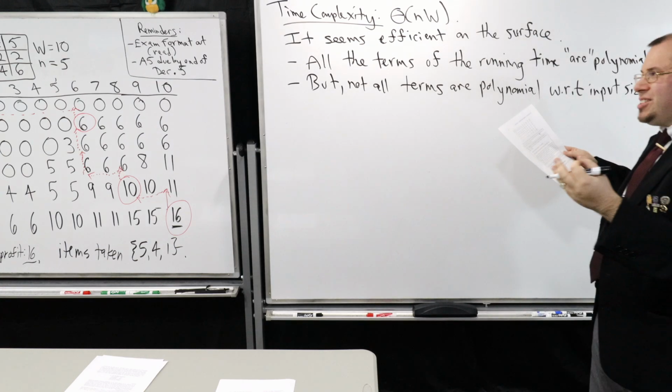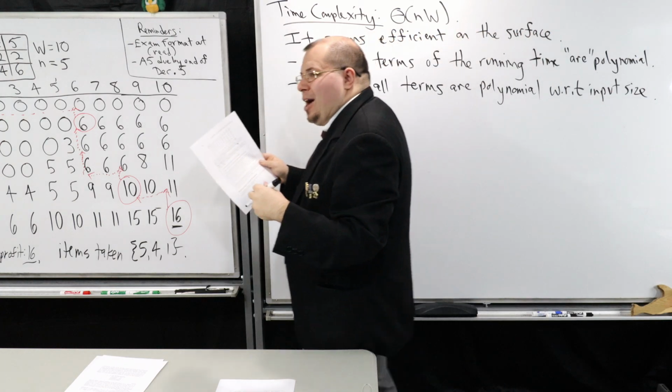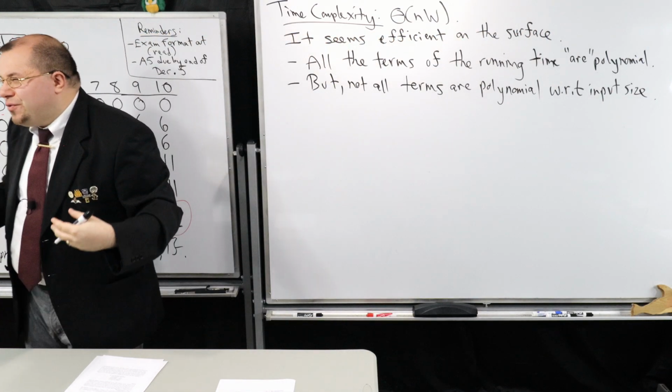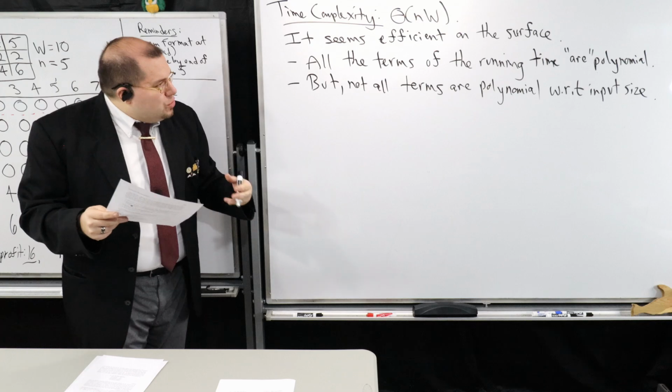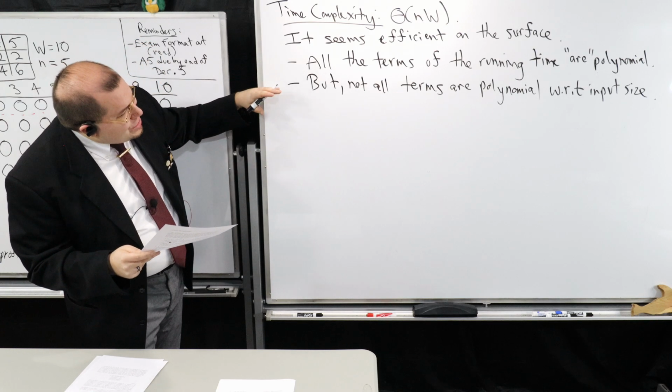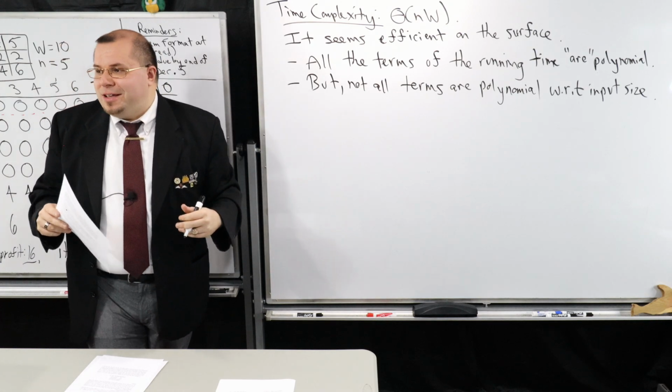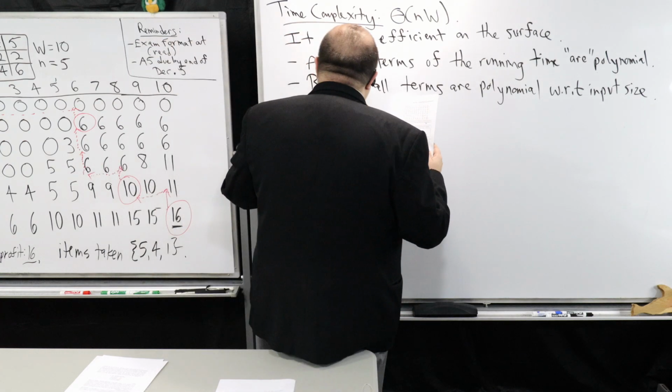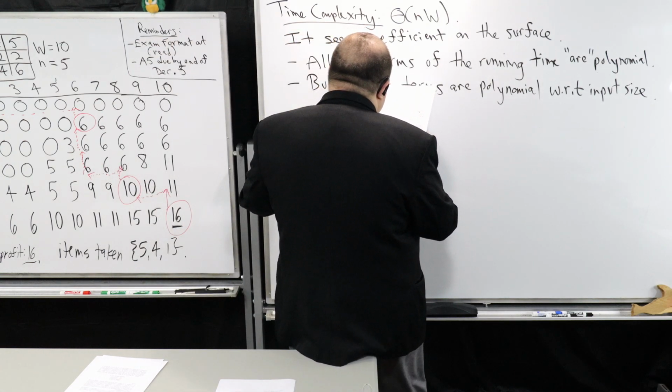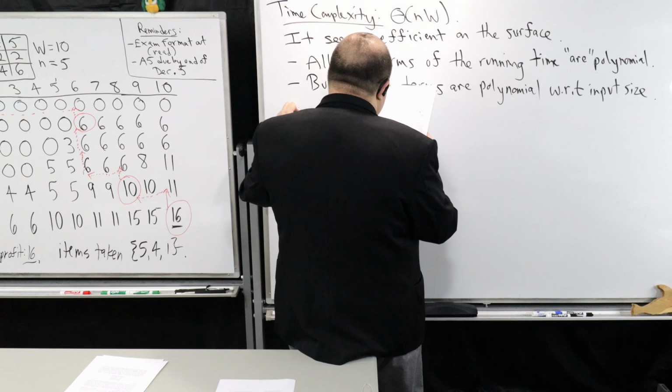So we have a very special name for algorithms that have time complexities where, if you read them, they look like a polynomial, but they're actually not polynomial with respect to the input size. These are what we call pseudopolynomial time algorithms.